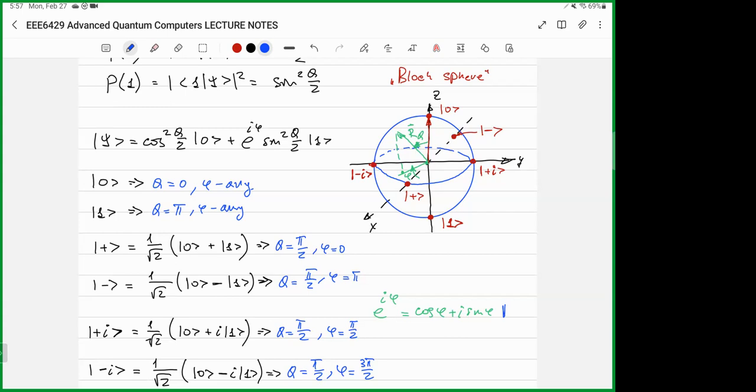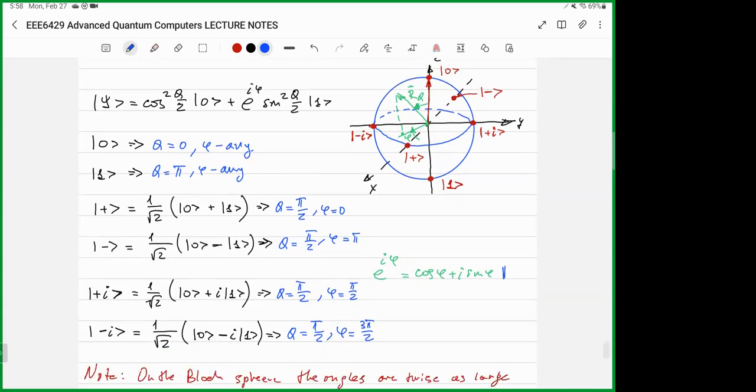So it flips 0 and 1. It flips the plus I and minus I, and leaves unchanged the states plus and minus.